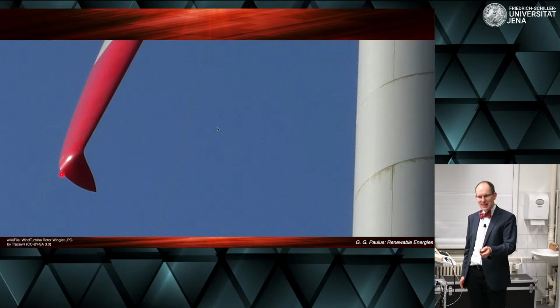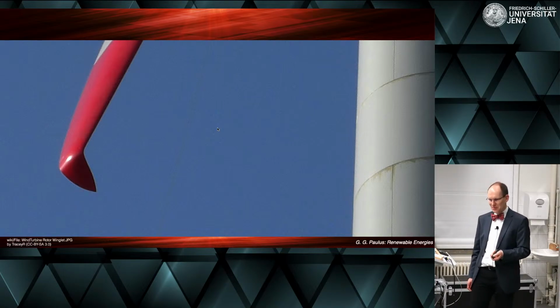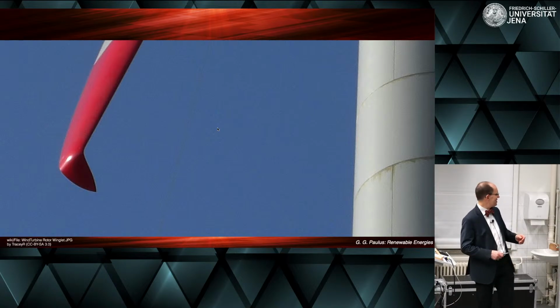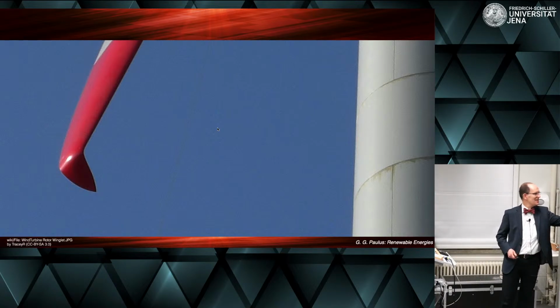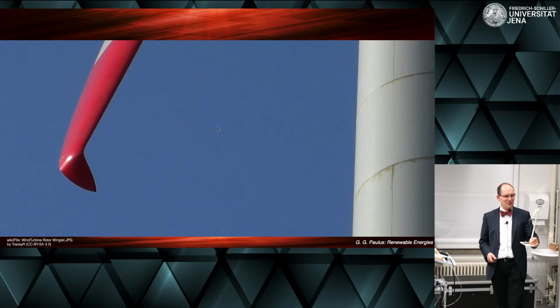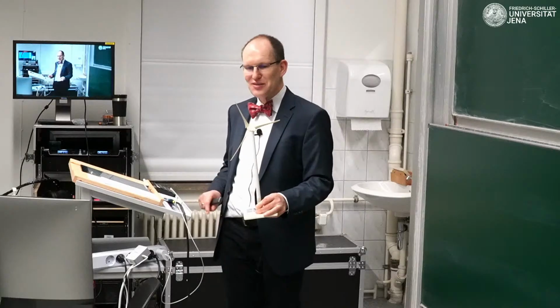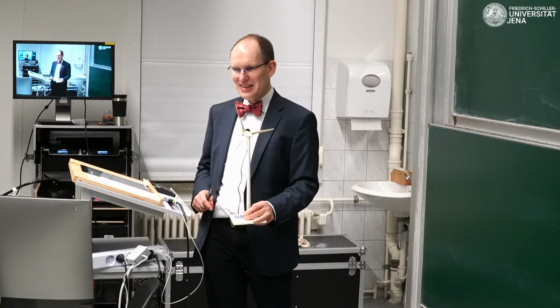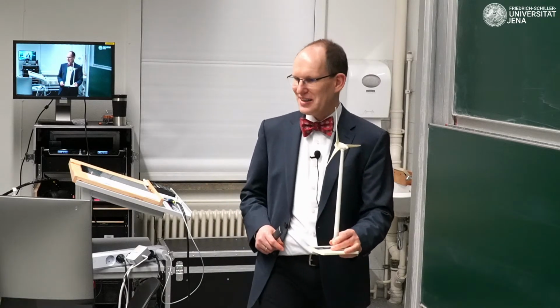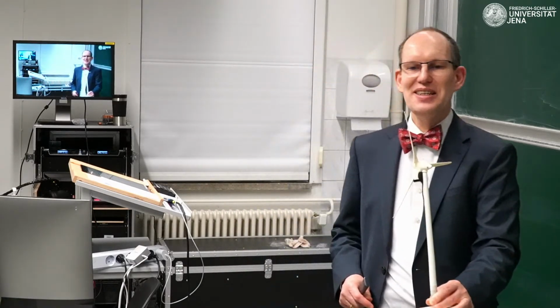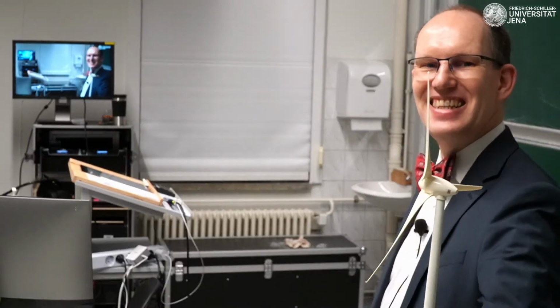It's actually pretty hard to see them, so you need binoculars if you are not too close to such a windmill. But interestingly enough, also my small model here of a windmill has these winglets. So maybe you see it here.